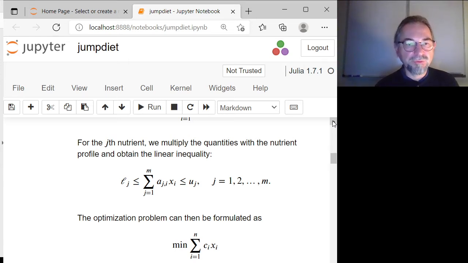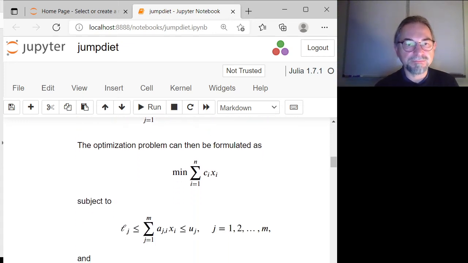We have the nutrient profile for every food. We multiply this, and that gives us the upper and the lower bound. Then we have our optimization problem formulated by the constraints. Also do not forget that everything should be positive. All the variables should be either 0 or positive.